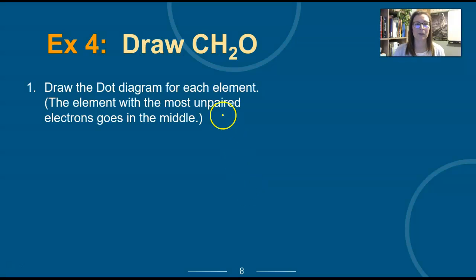All right, last one we're going to do, and look at this one. This one has 3 elements in it. They're all nonmetals. And so that means that it is going to be a molecule. Let's go ahead and draw the dot diagrams. We already know that carbon has 4 because we did that earlier.